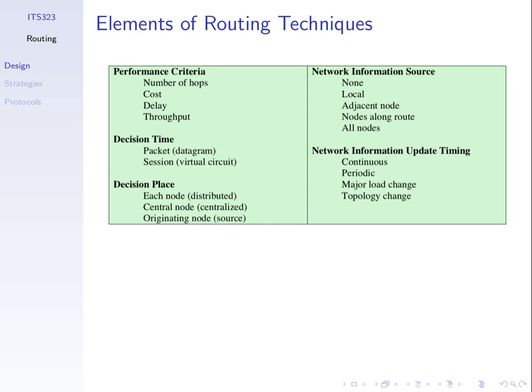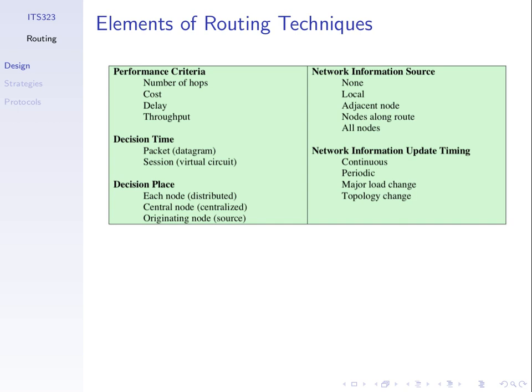Let's say the cost is some financial cost, or if it's a delay, then it's quite easy, or it should know what that cost is. It can measure the cost if it's delay, for example. So a node, we assume, normally knows information about itself and its directly attached links.